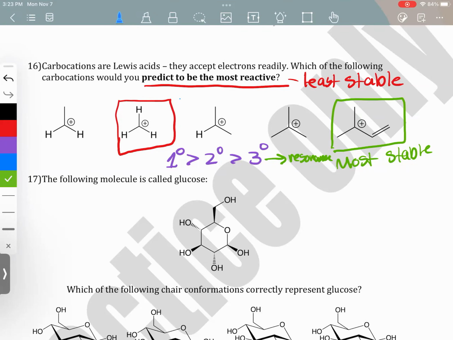Yes. The fourth one is tertiary and the fifth one is too. But since we can go an extra step and even resonate with the carbocation, that's stabilizing the molecule because it's being delocalized. Whenever you get a chance to delocalize energy around the molecule, that always stabilizes it.